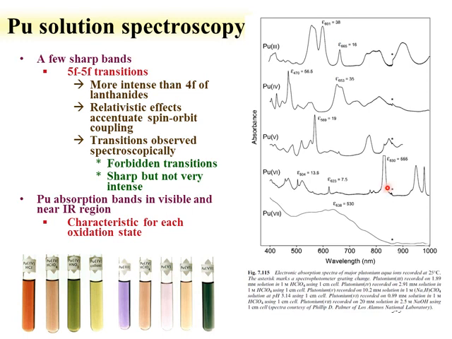For instance, plutonium-6 has this absorbance at 830 nanometers and a molar absorptivity of 555. Plutonium-4 has a peak at around 650, and another peak around 730, and these molar absorptivities are on the order of 35 and 60.